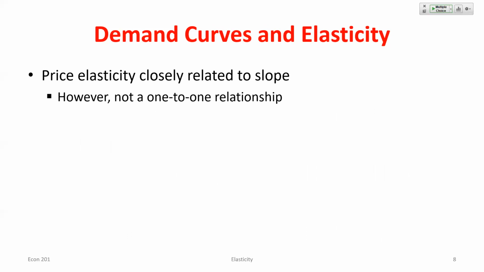It's not quite that steeper demand curves have higher elasticity. They're related, but it's not the exact same thing. In fact, on the same demand curve, elasticity is actually different at different points of that demand curve. Some demand curves will have elastic portions where demand is elastic, and other portions that will be inelastic on the same demand curve.